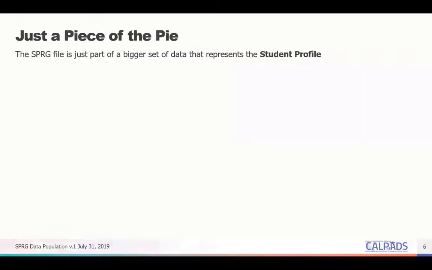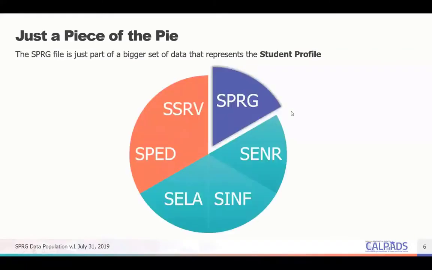So the SPRG file is just a part of a bigger set of data that represents the student profile. As you can see in this diagram, there are more components that comprise the student profile. Of course, you have your SPRG, and then you have your student enrollment record, which is the SENR, which includes the student's enrollment in your LEA and establishes ownership of the student.